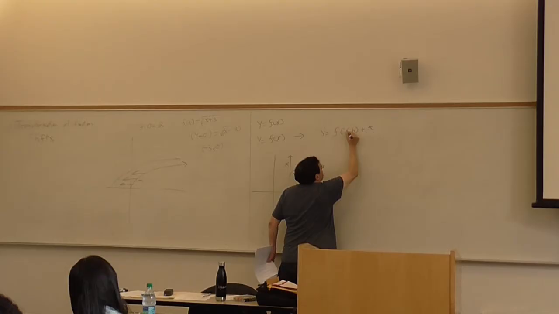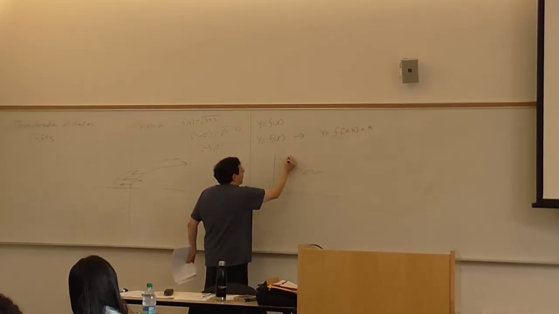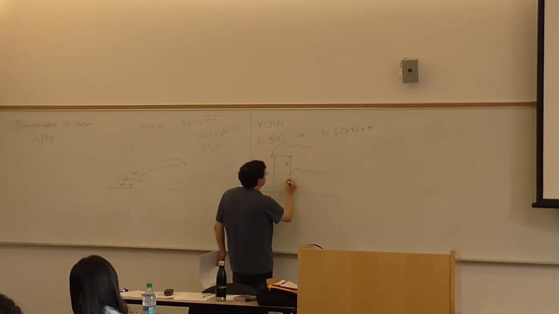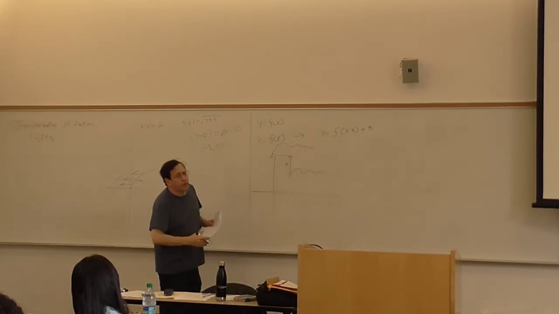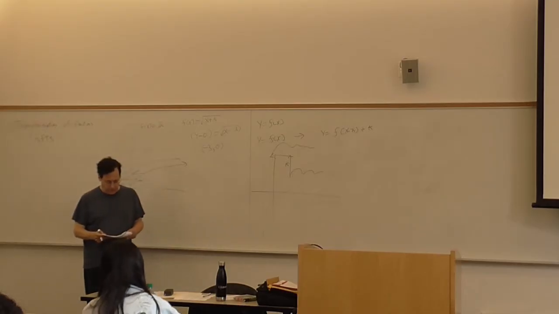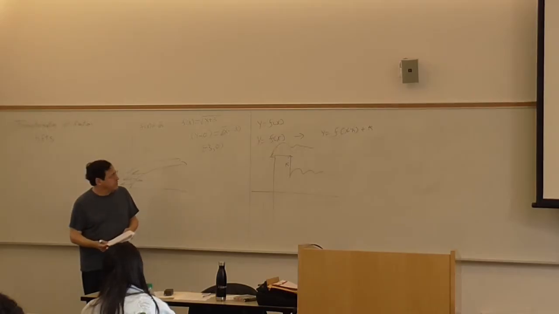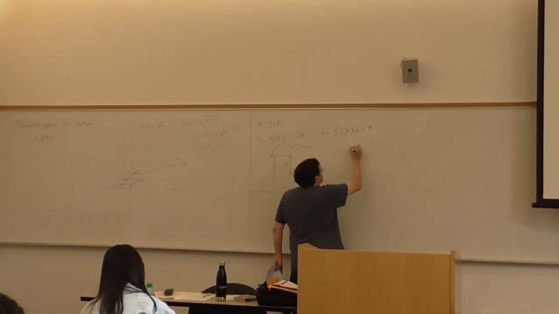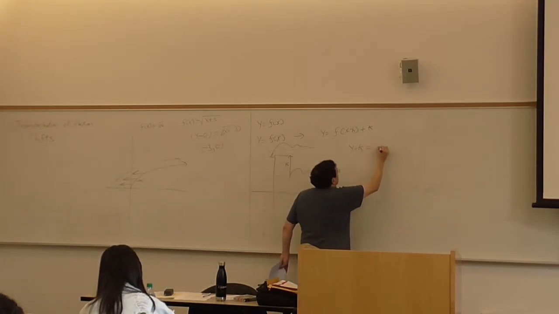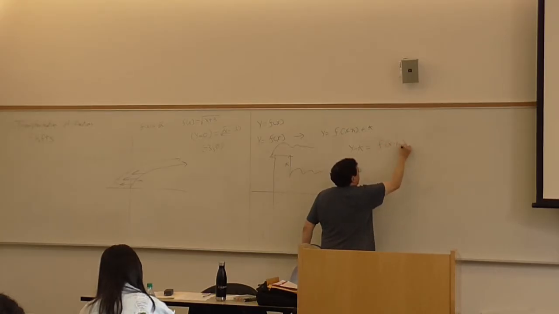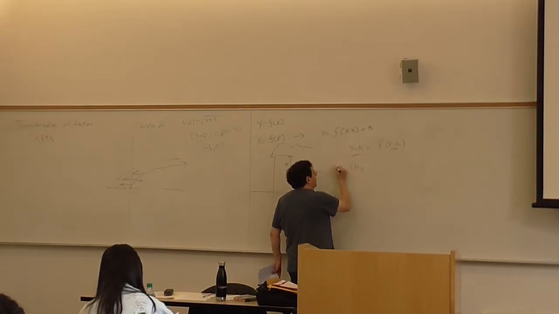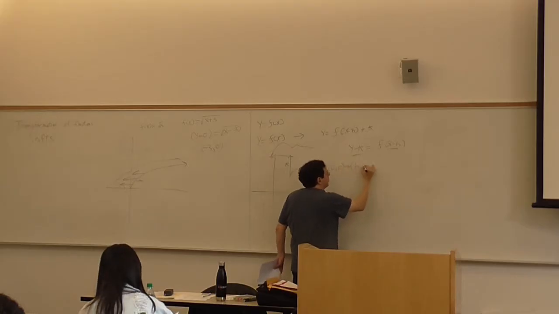But again, think of this as minus of minus h. It's going to move over h, and that's what the shift transformation does to it. A good way to think of this again is y minus k equals f of x minus h. That way it's clear that where we're moving is from 0, 0 to h, k.